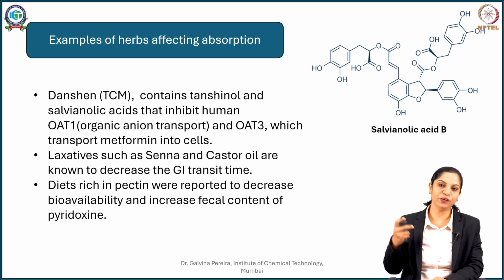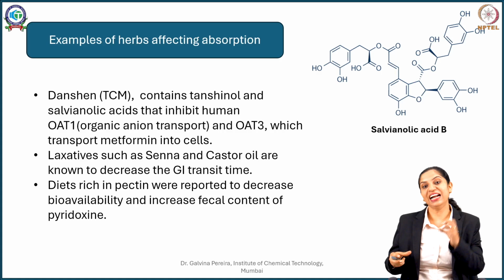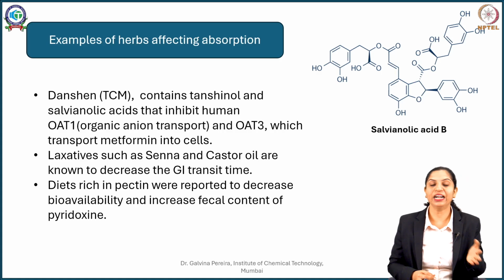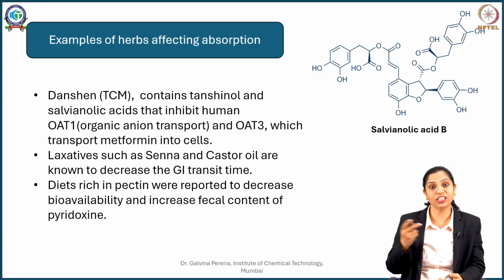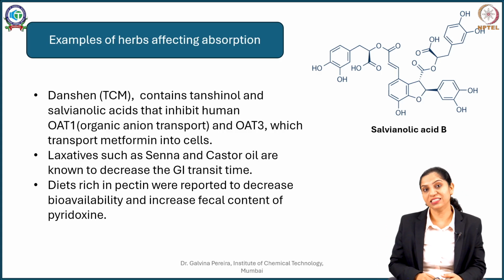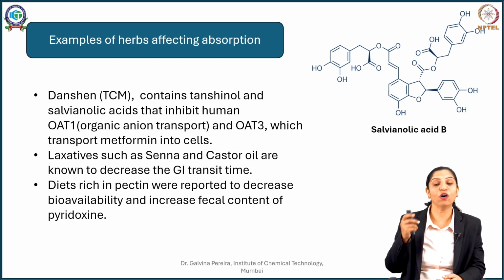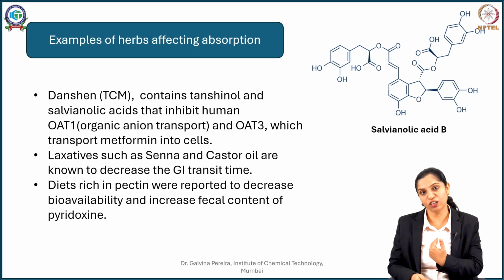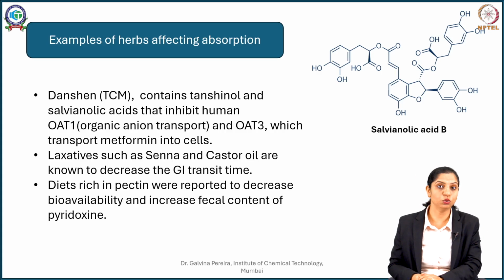Now imagine salvianolic acid is sitting on OAT1 and OAT3; these transporters have already been blocked by the danshen, and now your metformin cannot be transported, and as a result it remains in your gut lumen. Salvianolic acid per se does not have any anti-diabetic effect, so since your metformin is not reaching your systemic circulation, your blood sugar level will still remain elevated.